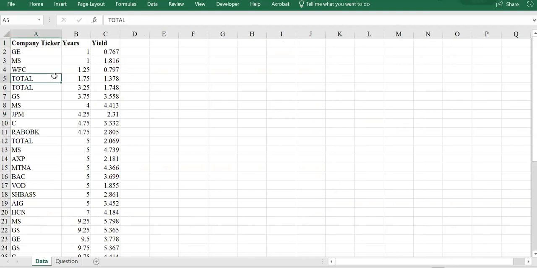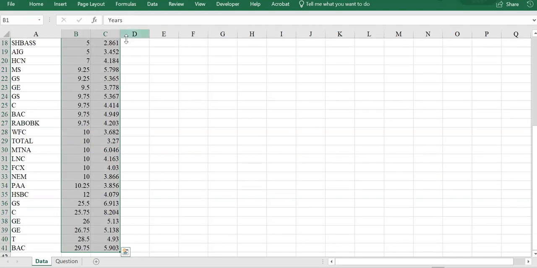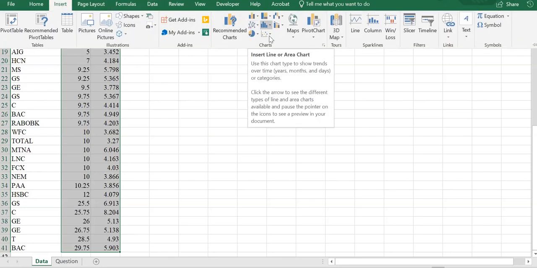Here we have a sample of 40 companies. I have years to maturity and yield. Years to maturity is my X, the horizontal axis, so the first column is X, and then yield, the second column, is Y. I'm selecting both of them, insert, scatter chart.